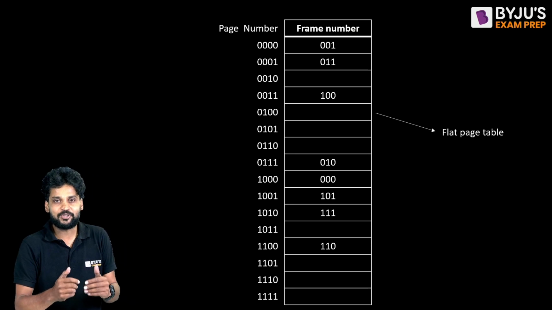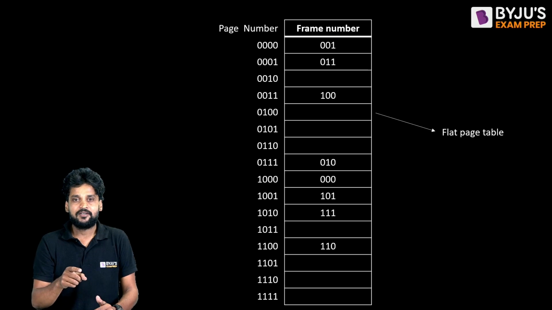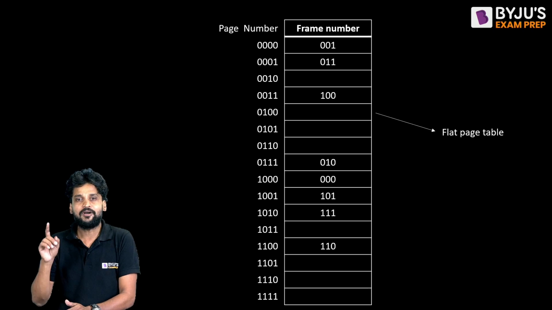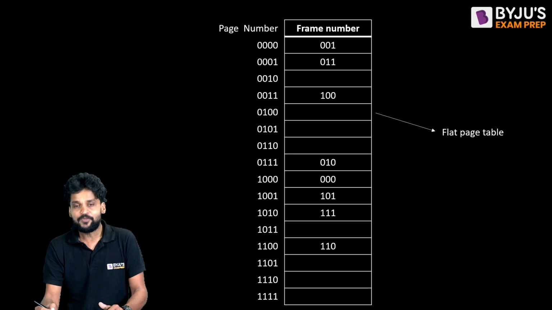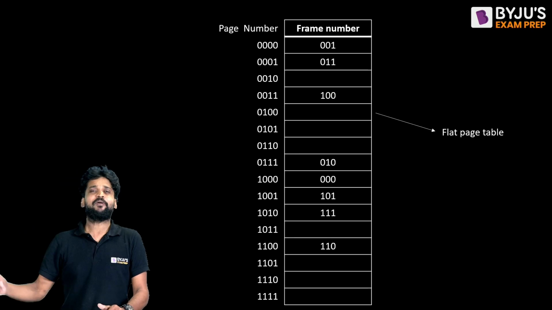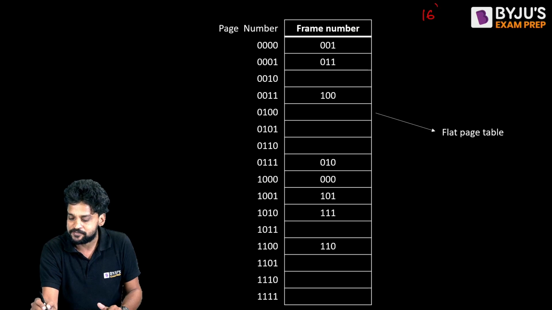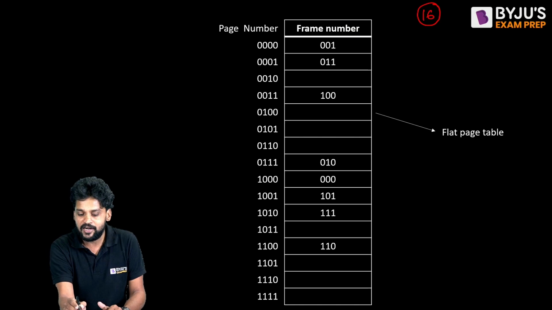We need to say that the size of the page table will have as many entries as the number of pages. What is the number of pages? The total number of pages is 16. So, in a page table, I will have a total of 16 entries.